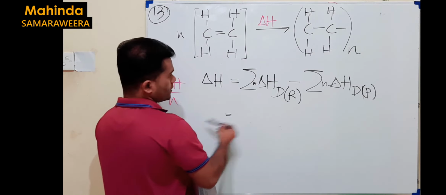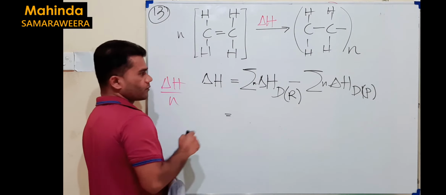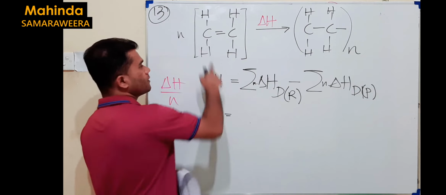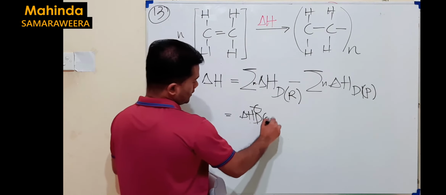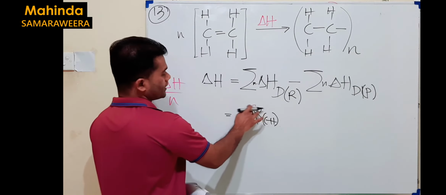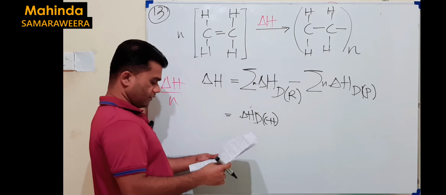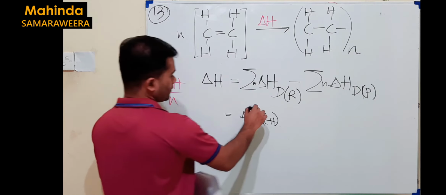Here, what is the reactant in this particular equation? It's ethylene. What types of bonds do we break? We break the C-H bond, delta H theta D(C-H), the bond dissociation of C-H. Let's forget about the standard condition. Is it given? Yes, standard condition is given, okay, we consider it.